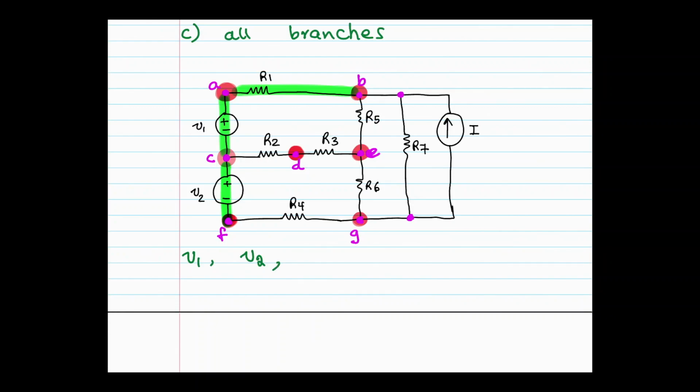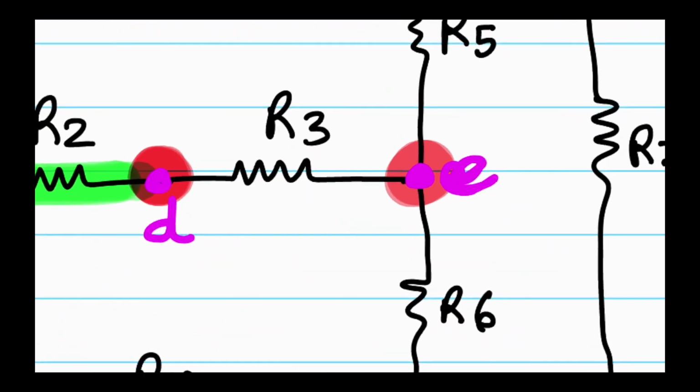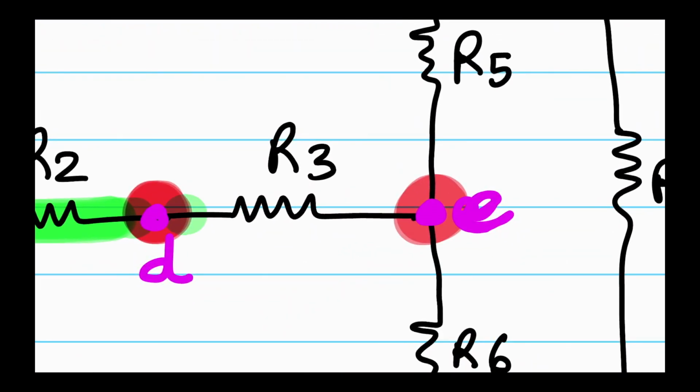Then we just identified that R1 is a different branch. So is R2, which is between the node C and D. And so is R3. R3 is a path between node D and node E.